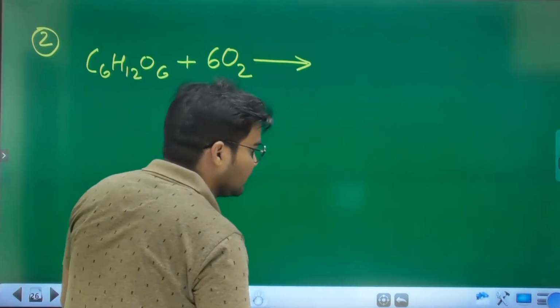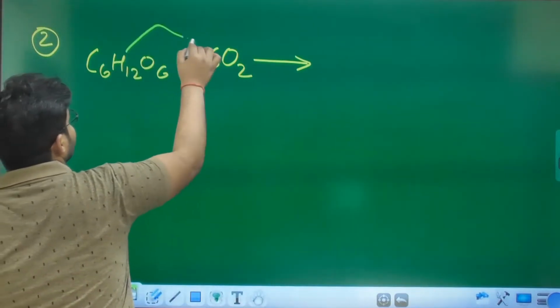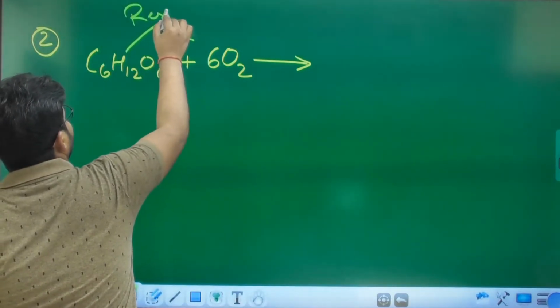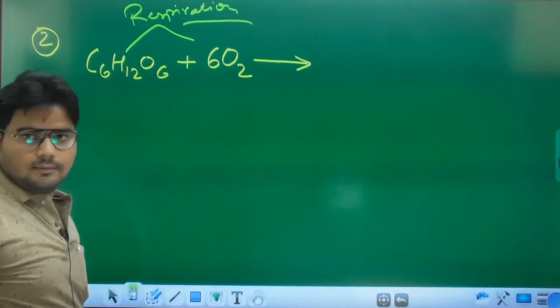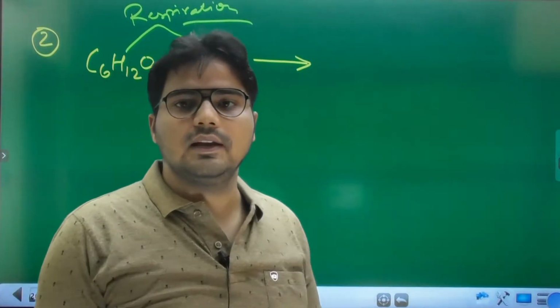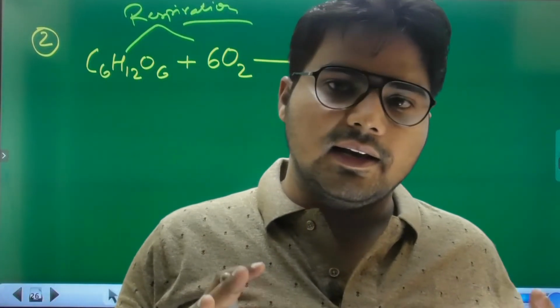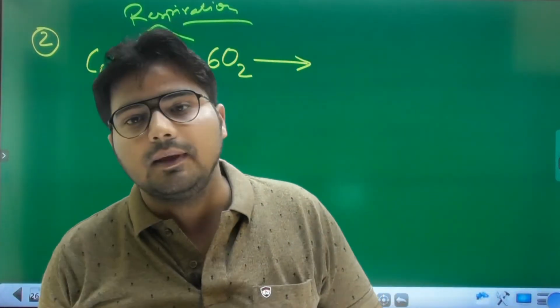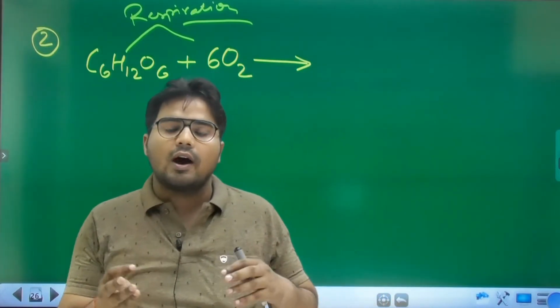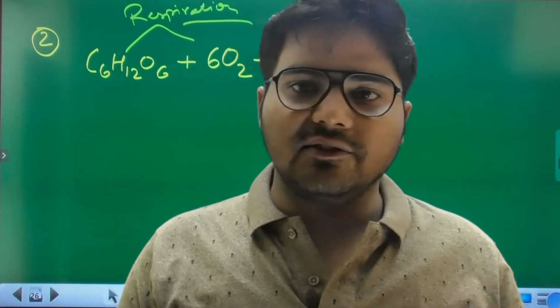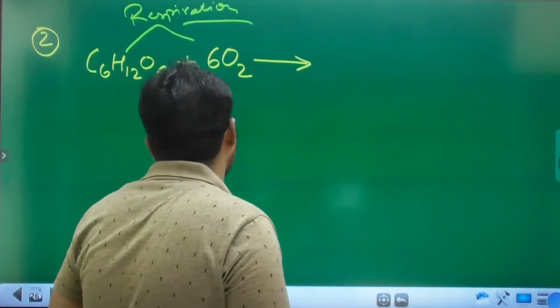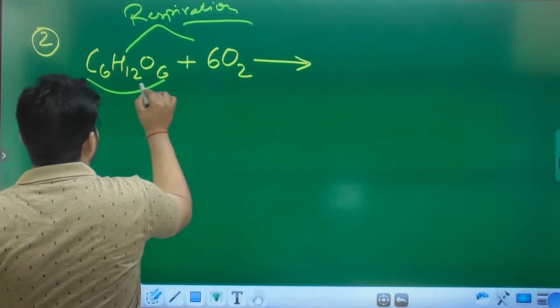C6H12O6 and 6O2. This one is the example of respiration. In respiration, whatever we eat, all the carbohydrates and vitamins are separated from the food and consumed by our body, and these are changed into glucose.